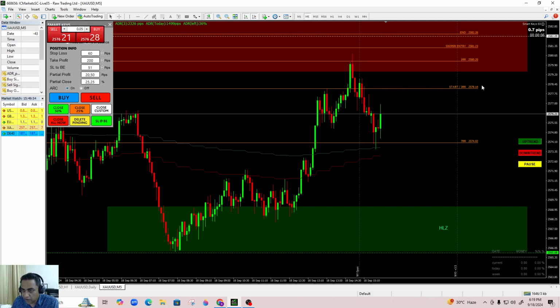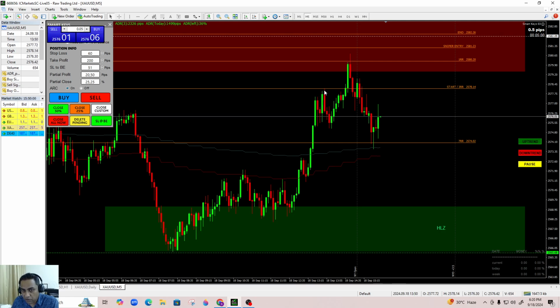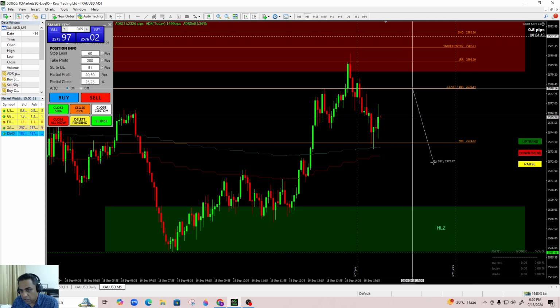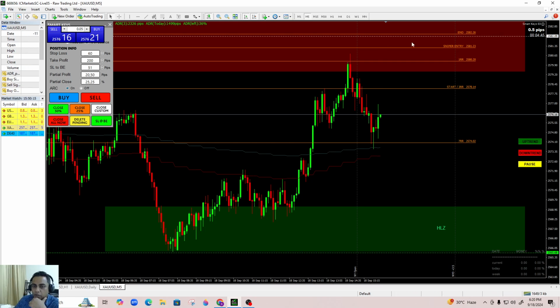These levels are custom levels. Price reacts to them. You can see how price reacted here, reacted here, reacted here. Now if you come here again, we'll see if price will react to continue down again even further, right? But there's a reason for these levels being where they are.